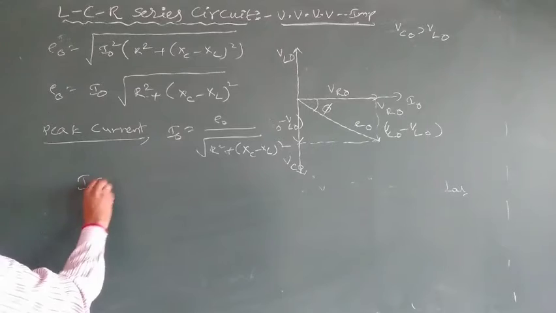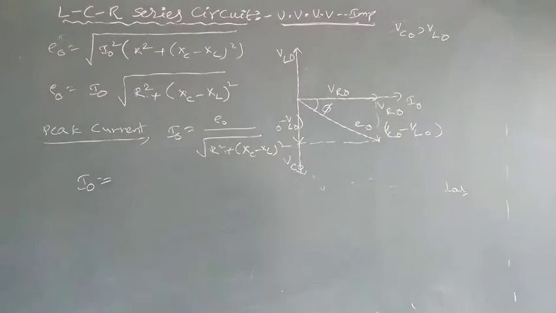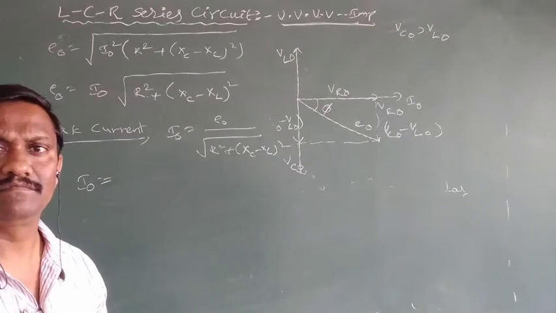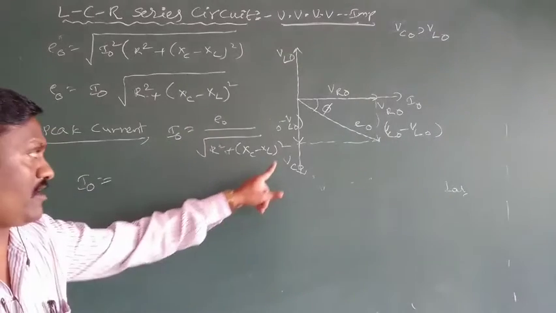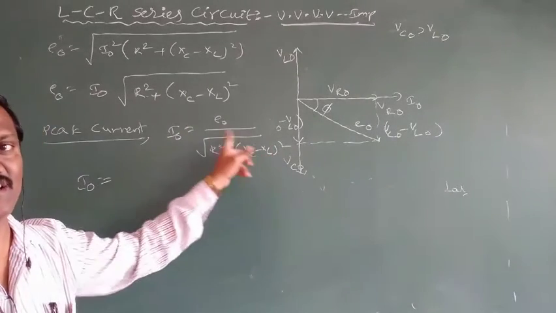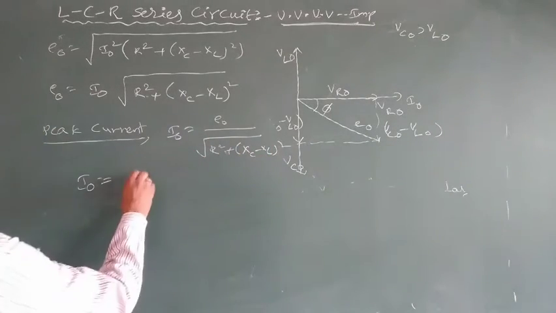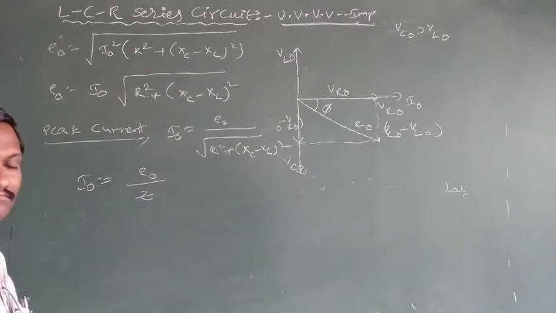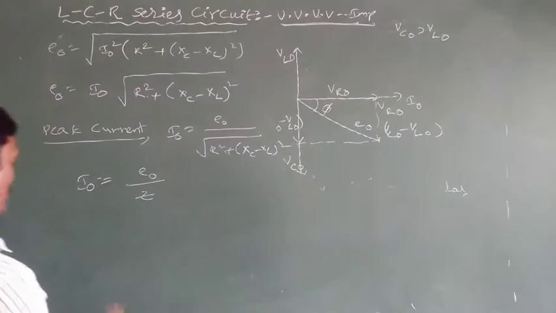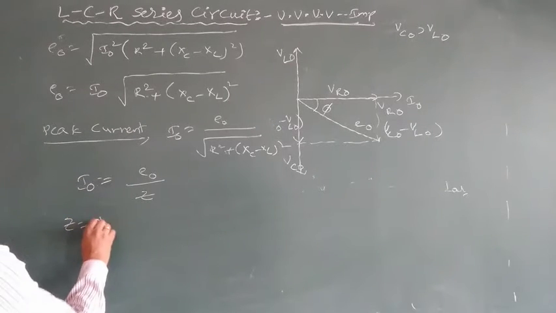Generally current I is equal to E by R, so peak current I naught is equal to E naught by R. Here R means the total resistance of the LCR series circuit, which is taken as impedance. Z means impedance.